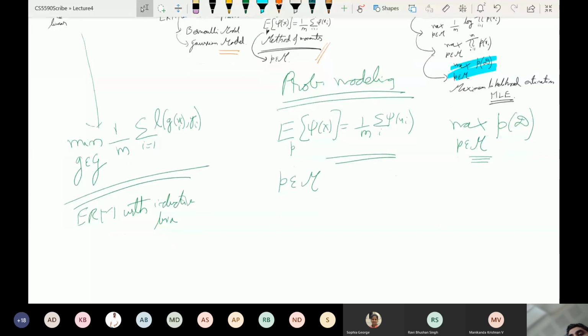So the common thing first of all is that there is always this bias. Without the bias, nothing works. That is the first thing to observe.